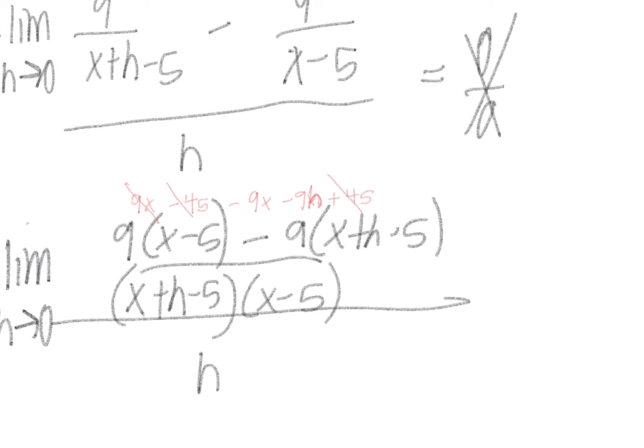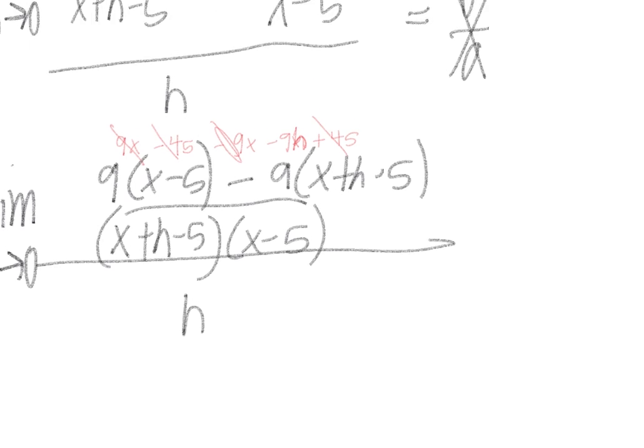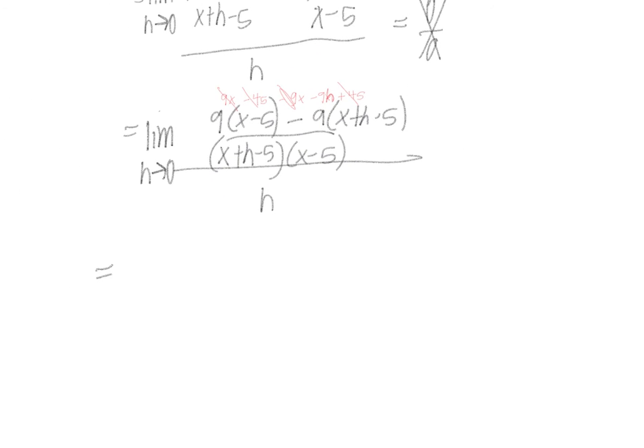So we just have the limit as h approaches 0 of -9h divided by x plus h minus 5 times x minus 5. It's all divided by h, right?